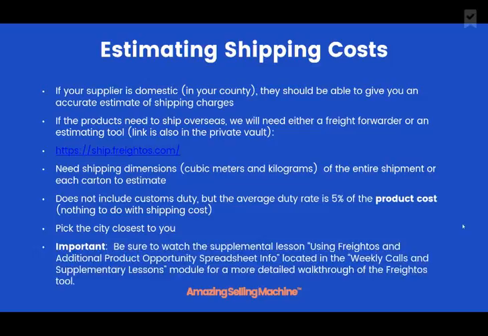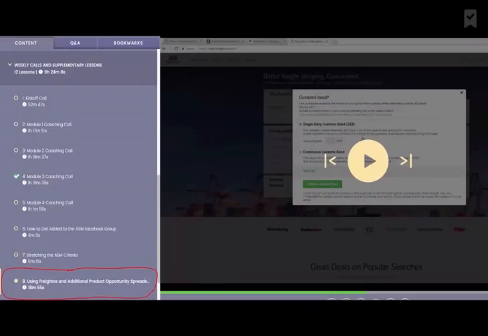Now, we've also created a new additional lesson called Using Freightos and Additional Product Opportunity Spreadsheet Info, and that's located in the Weekly Calls and Supplementary Lessons module at the very end of the course. That one has a little bit more information on how exactly to use the ship.freightos.com tool that we mentioned above, and it also goes into a little more detail about using that opportunity spreadsheet. I would recommend watching that lesson once you're done with this one right here.